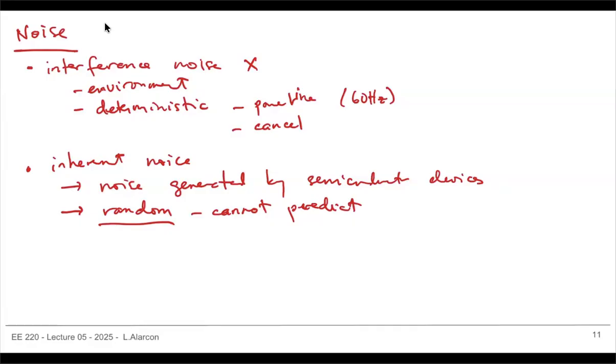And the good news is that we do have ways to handle random, right? And that's the whole point of your statistics and probabilities class, how to handle random things. It's not really trying to look at individual voltages and currents at a certain point in time. We're looking at, okay, what happens if we aggregate all of this?